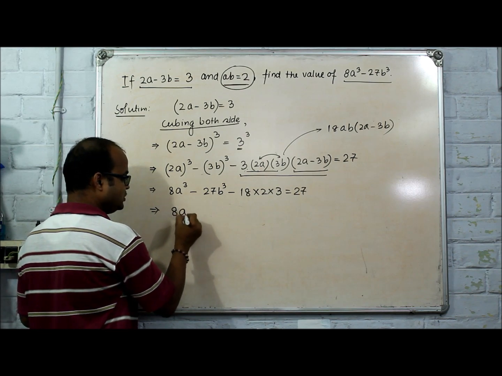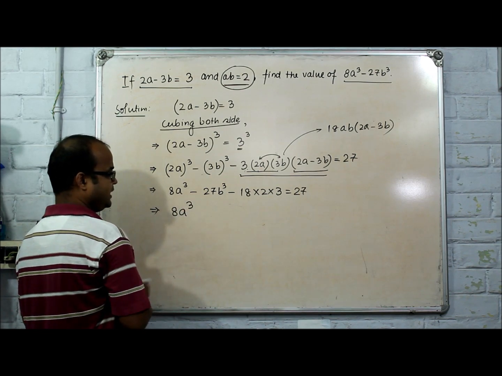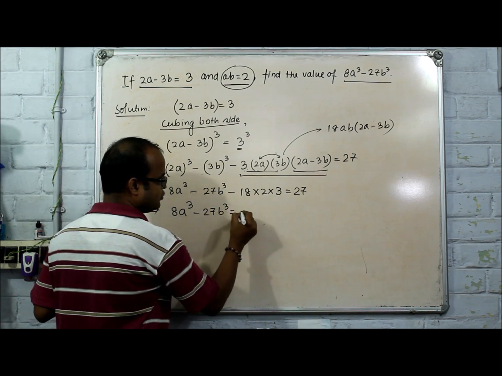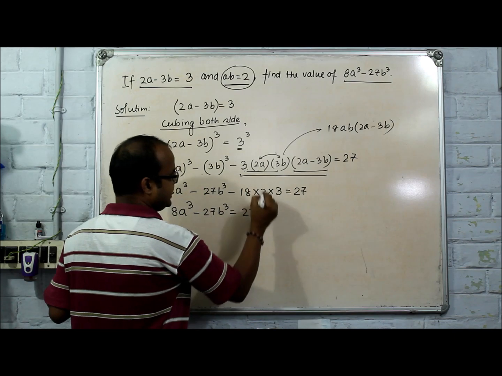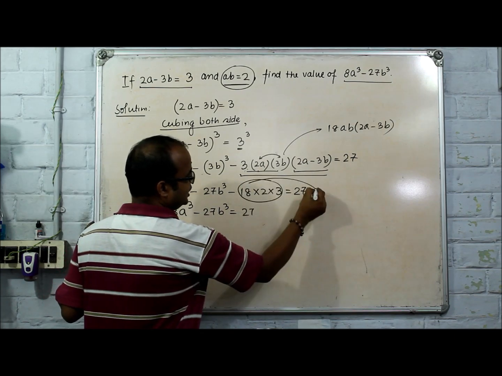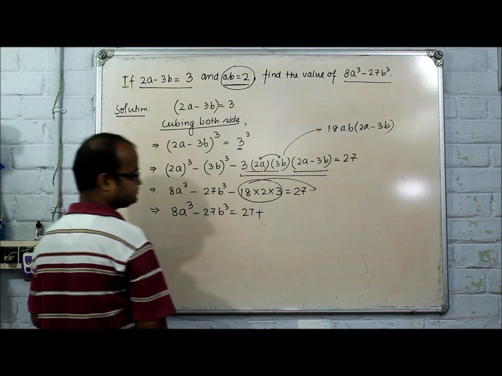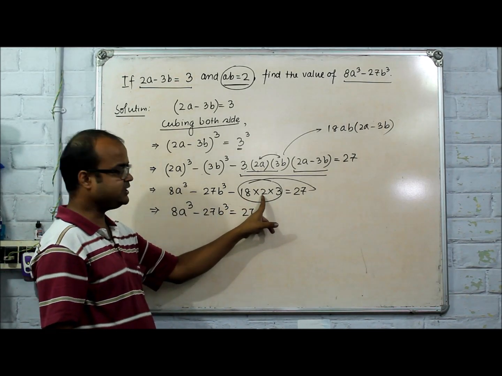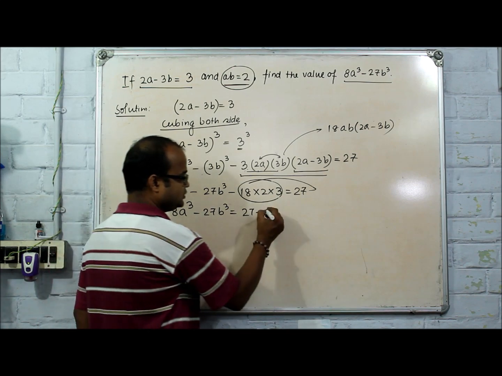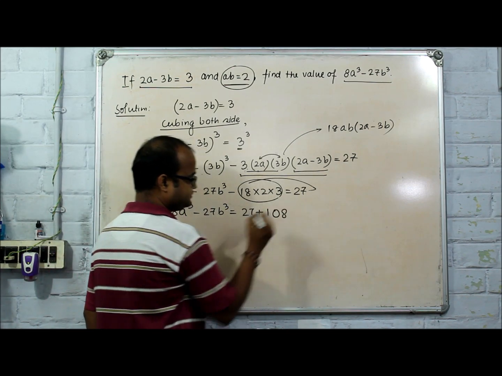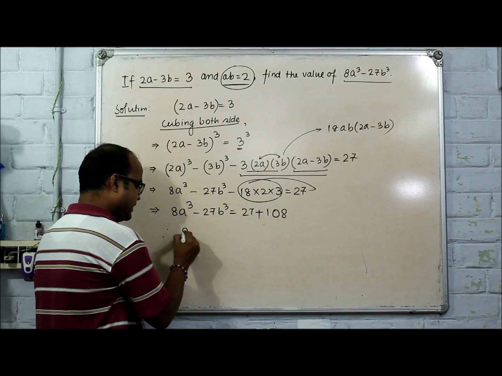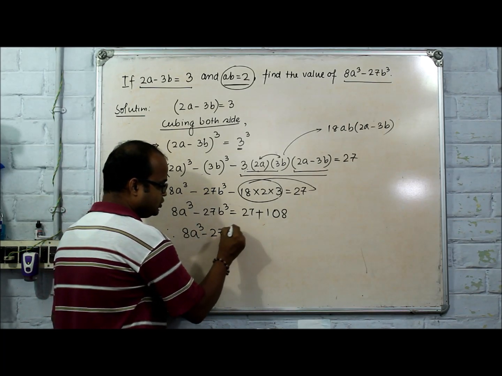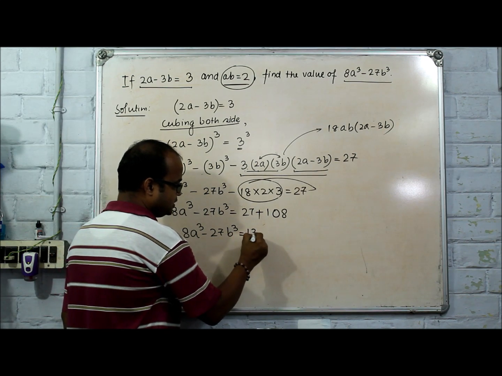So 8a cube minus 27b cube is equal to 27, and if you take this term to the other side, it will become plus 18 into 2 is 36, 36 times 3 is 108, so plus 108. Therefore 8a cube minus 27b cube is equal to 135.